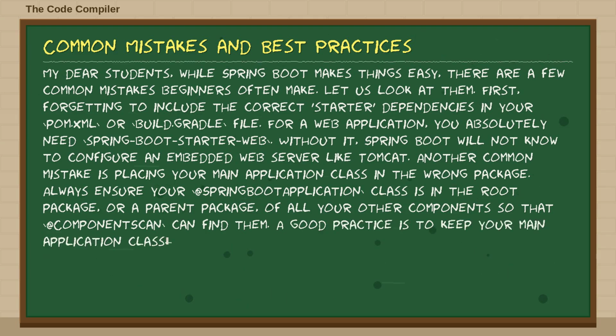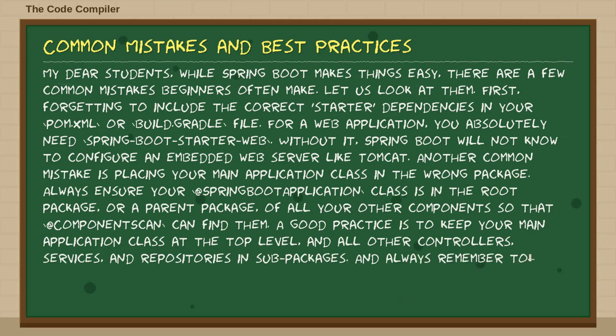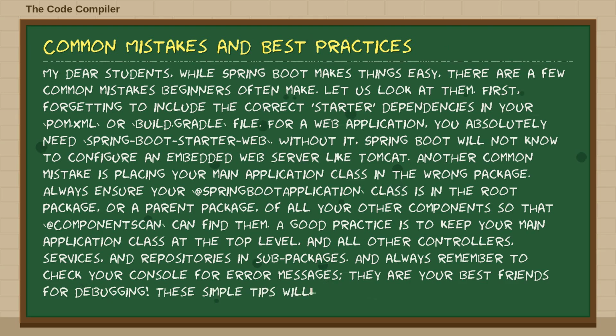A good practice is to keep your main application class at the top level and all other controllers, services, and repositories in subpackages. And always remember to check your console for error messages. They are your best friends for debugging. These simple tips will save you a lot of headaches.